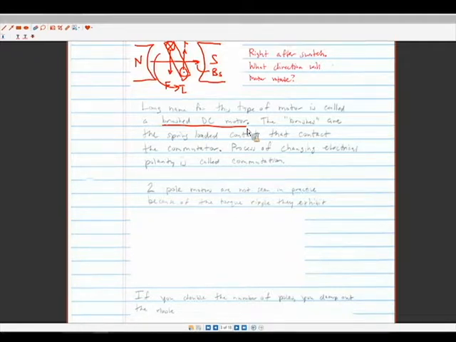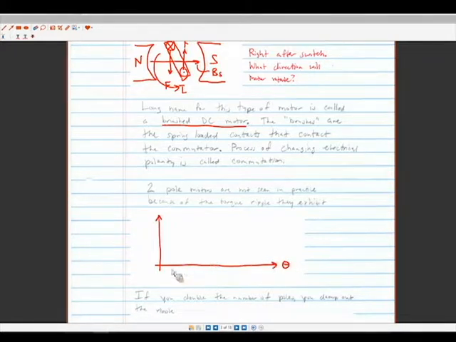Okay. So going back to the video here, what the video is explaining is that if we just have a single coil in the rotor that has then two contact points, we would have torque that's always in the same direction, more or less.